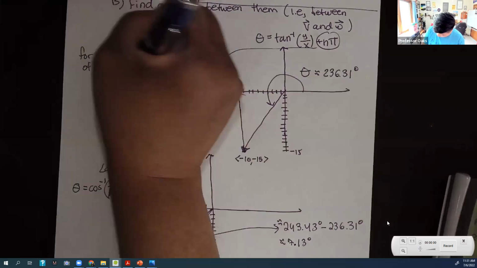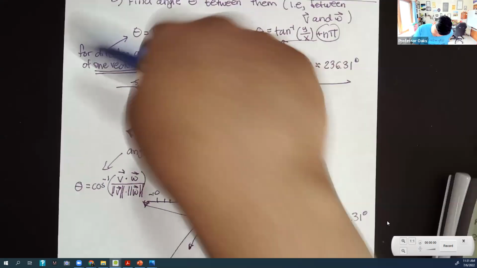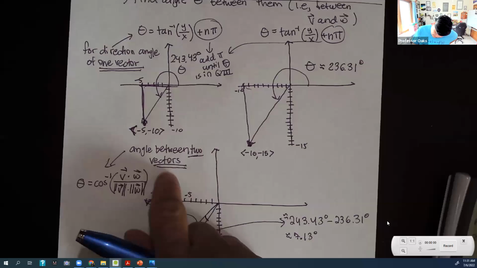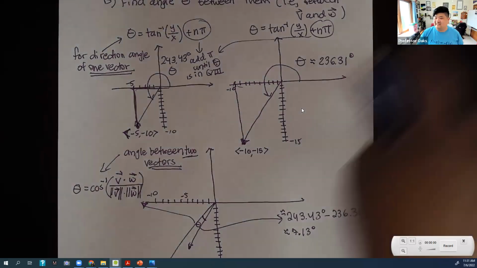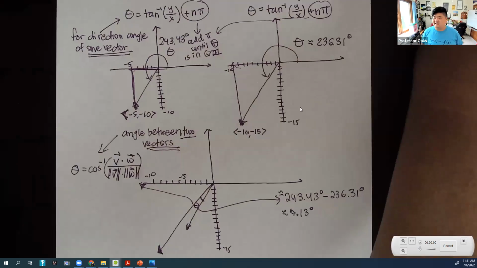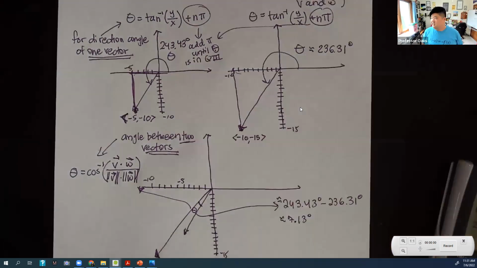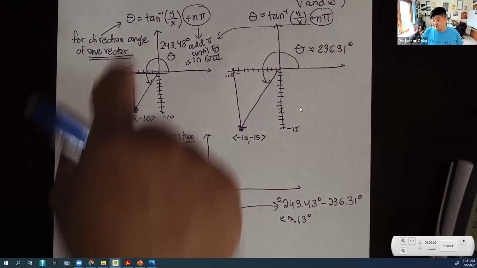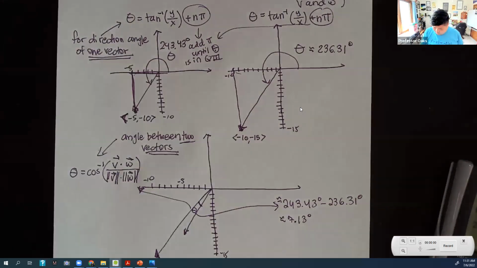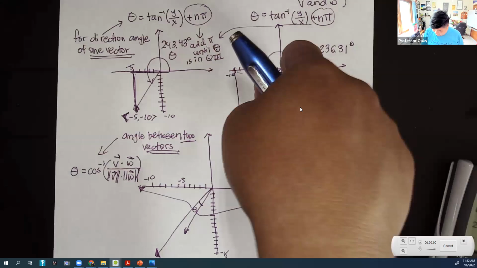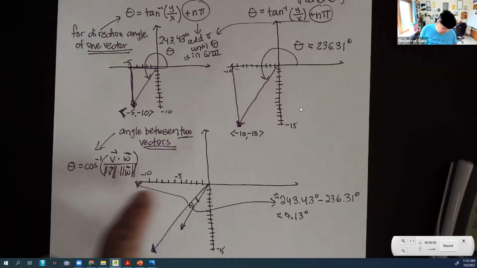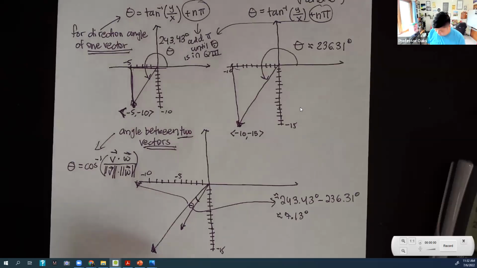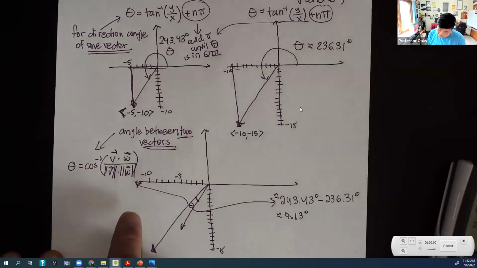This is a formula if you just want the angle for one vector, but if you want the angle between two vectors, it's this. I'm glad that you asked that, because the answer is yes, it is always tangent inverse if you're only trying to find that angle or that angle. But if you want this angle, then you could use the shortcut formula. But I don't know if it's much of a shortcut, because you see what I mean?